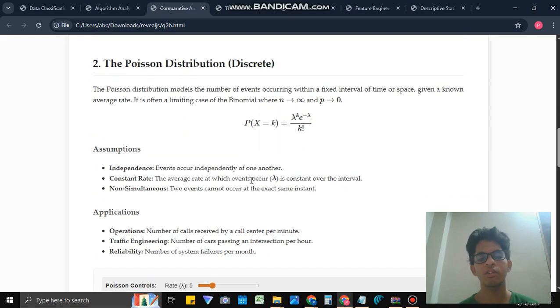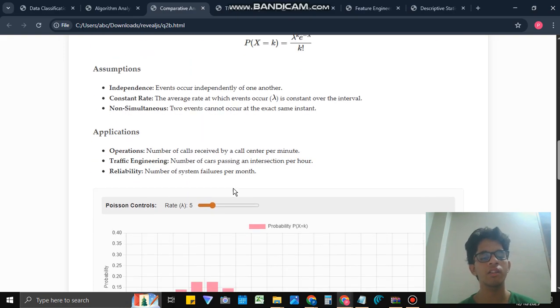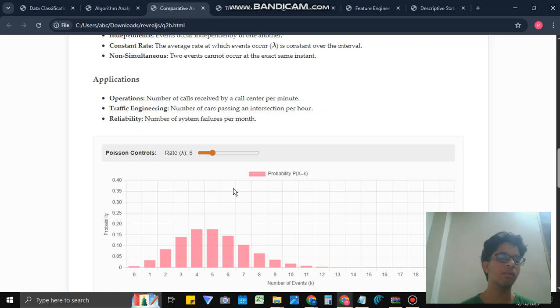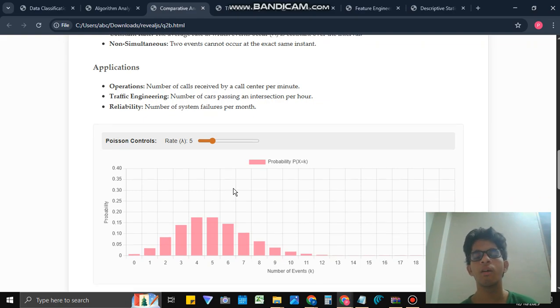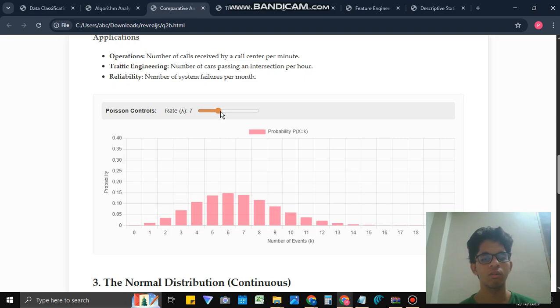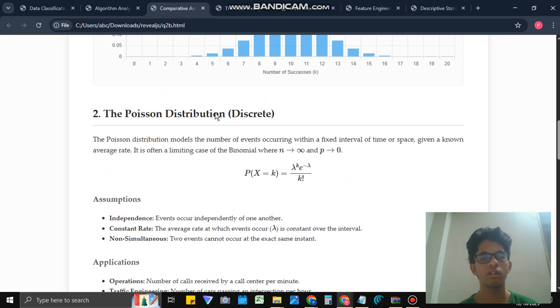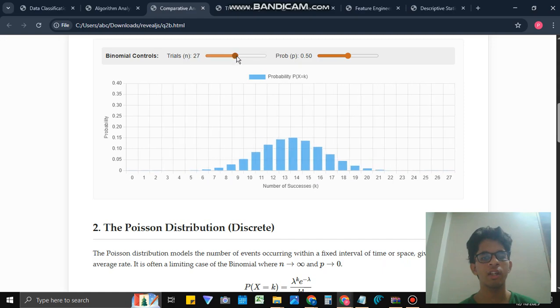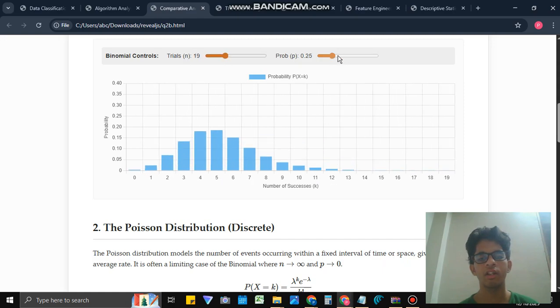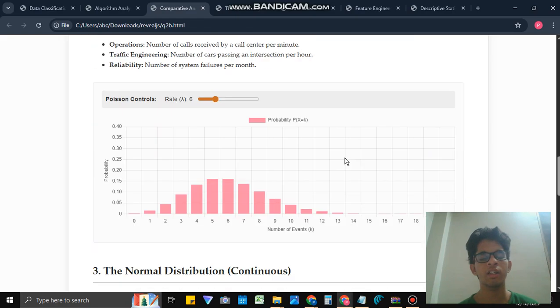There is a constant rate at which the events occur, which is represented as lambda, and there is non-simultaneousness, which is that two events cannot occur at the same given instant. Its applications are traffic engineering, reliability, operations tracking, number of calls received by a call center per minute, etc. So it's a basic simulation for this, and for this as well we have a basic simulation. We can change the probability as well.